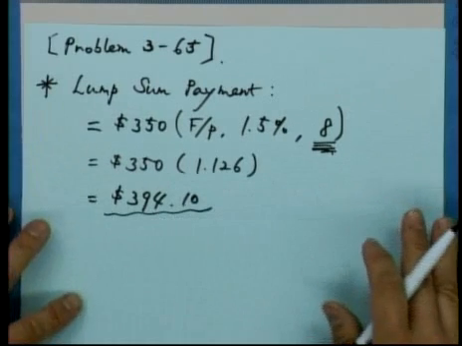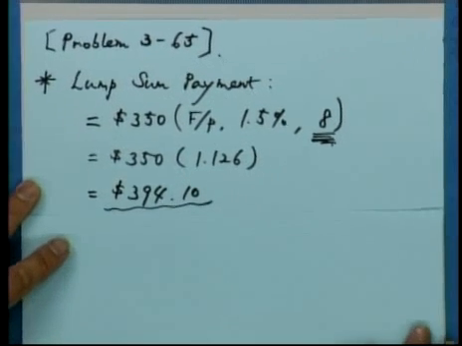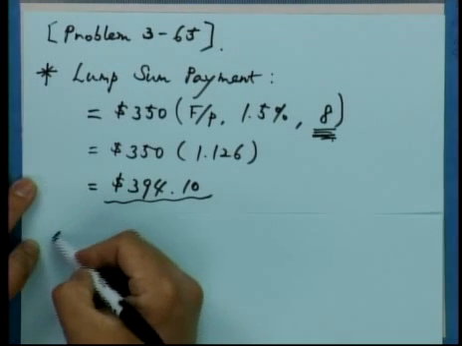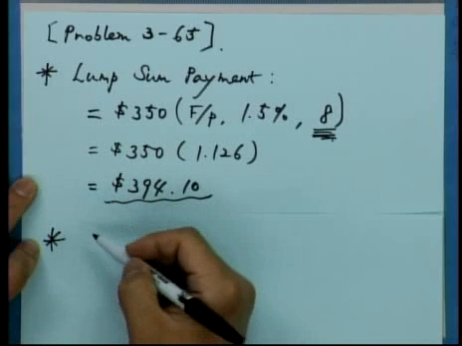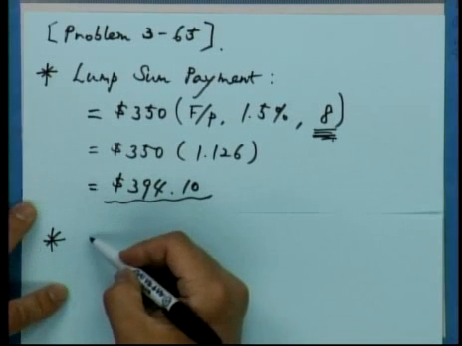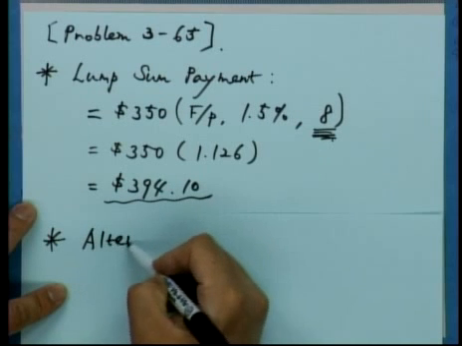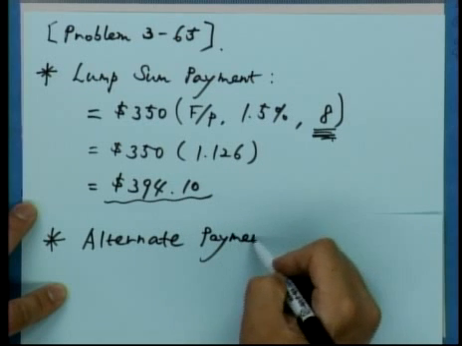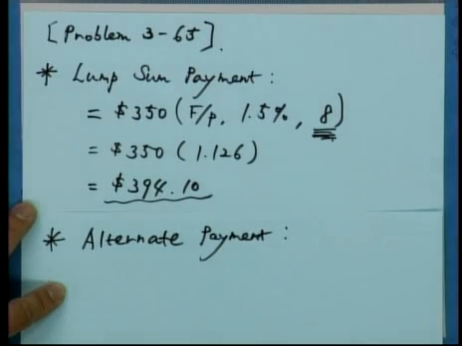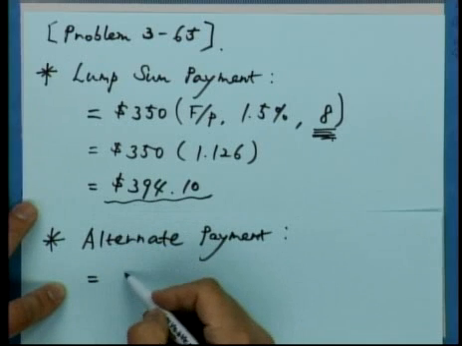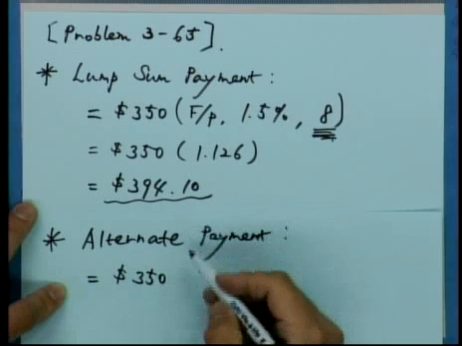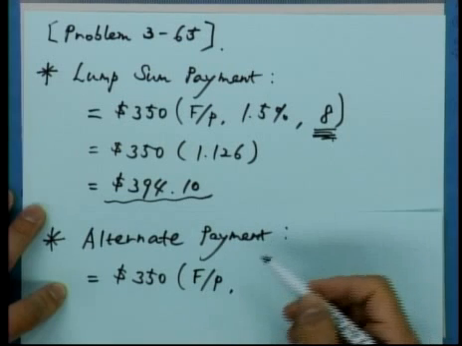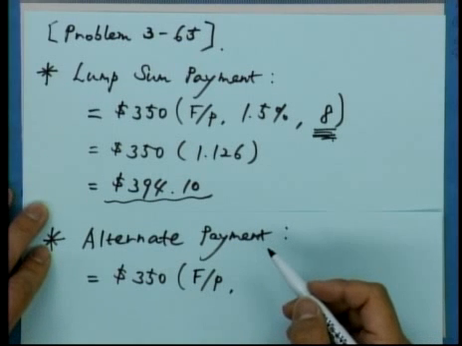What about the second case? Let's say that is the alternate payment. This case is the same amount of money, $350, and F given P. Now, how much percent you're going to use?